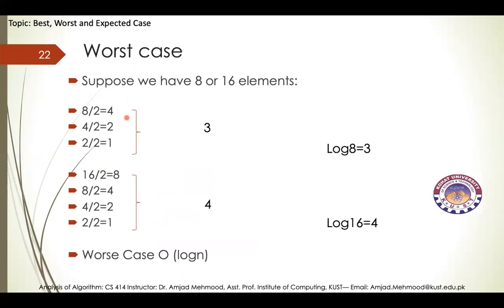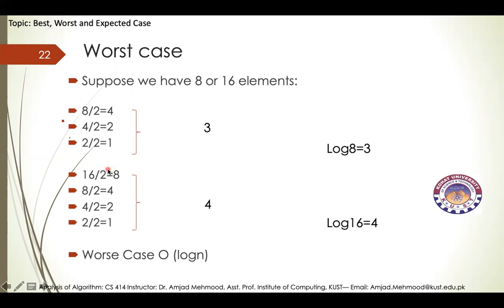The big list will be divided into 4, then 4 will be divided by 2, you will get 2, and then 2 will be divided by 2, and this is how you will reach your required number. So if this is 16, then 16 will be divided by 8, and then 8 will be divided by 2. If you have 8, in 3 steps you will reach your answer.